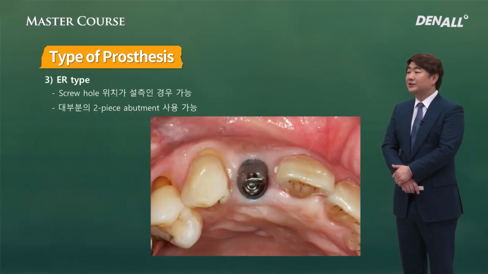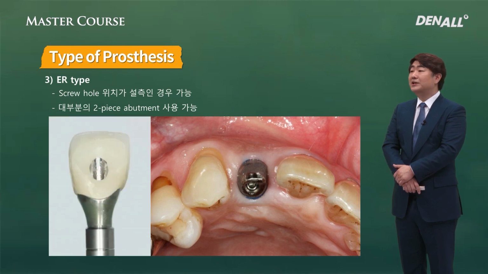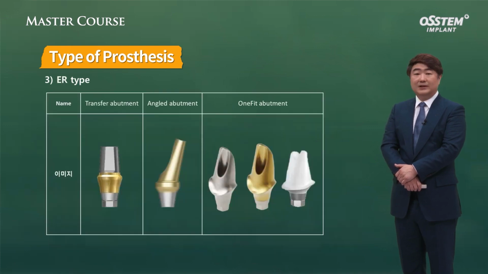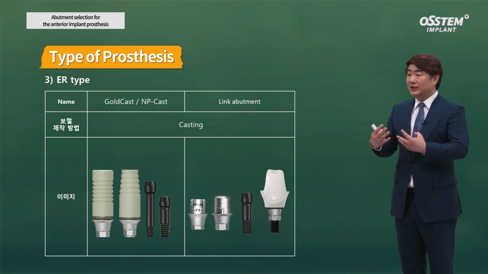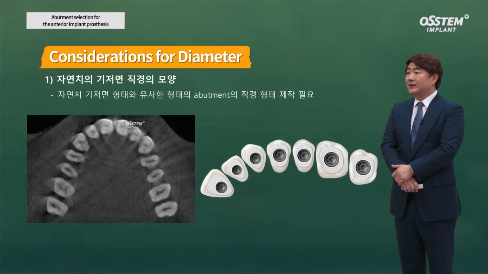For the ER type, you also have to put a hole on the prosthesis. So if you don't place it very well, you can have a very tricky situation on your hands. If the placement position is good, any abutment would do. If not, an angled screw needs to be used. So you should use an abutment that allows you to use an angled screw.